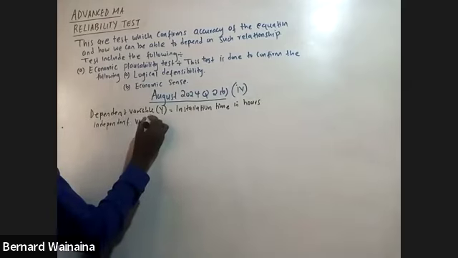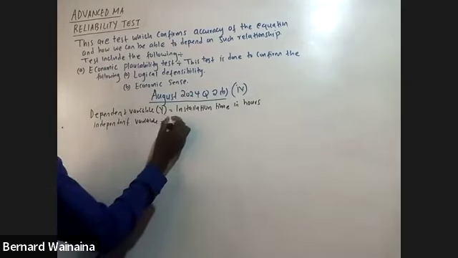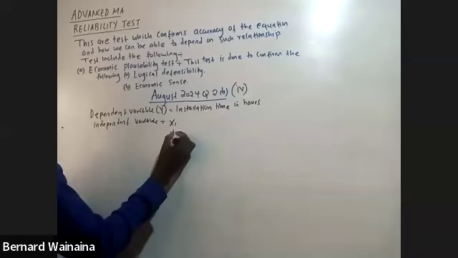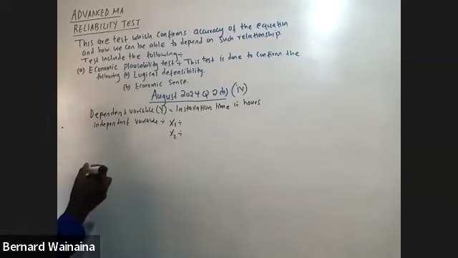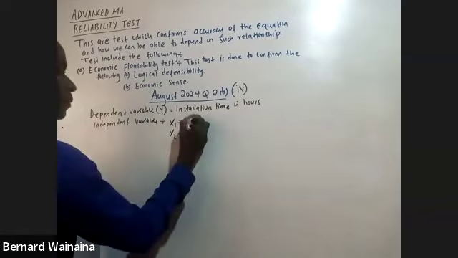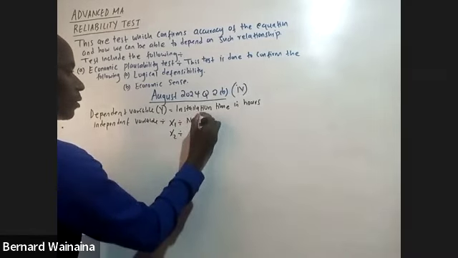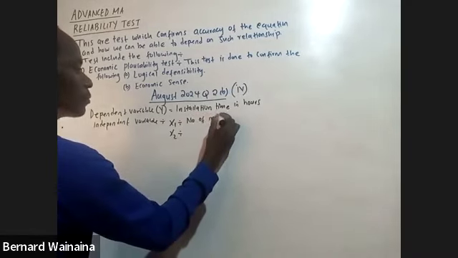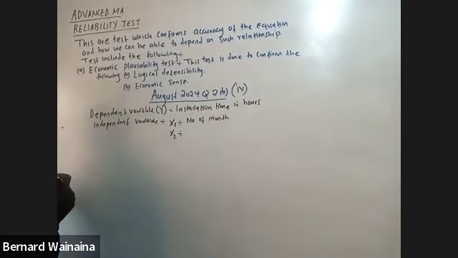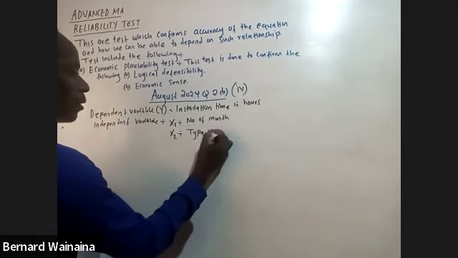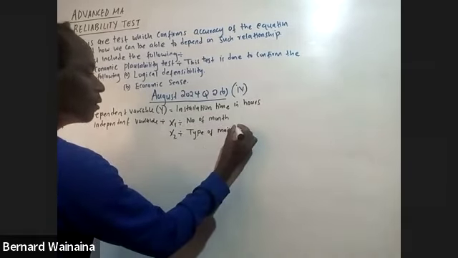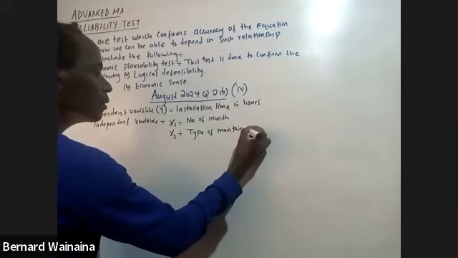So we treat them as x1 and x2. x1 we can pick as the number of months since installation, and x2 as the type of maintenance.